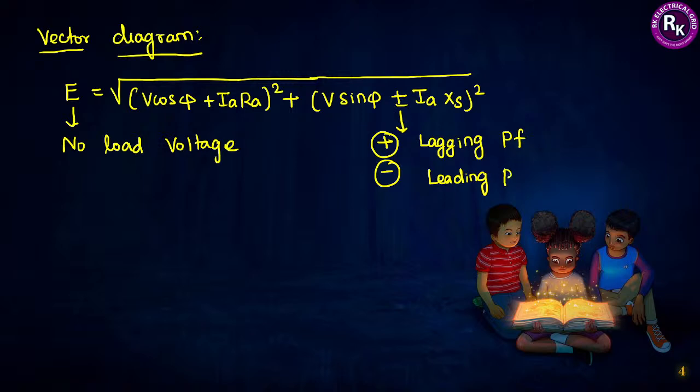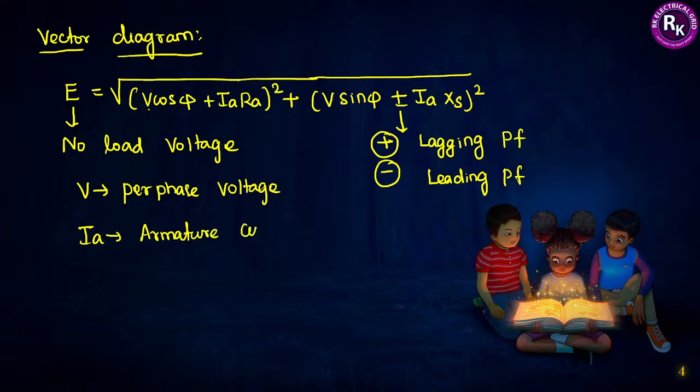I hope you all know V stands for per phase terminal voltage, which will be given, and Ia is the per phase armature current. Phi stands for the external power factor angle, which will be given. Cos phi is the external power factor.